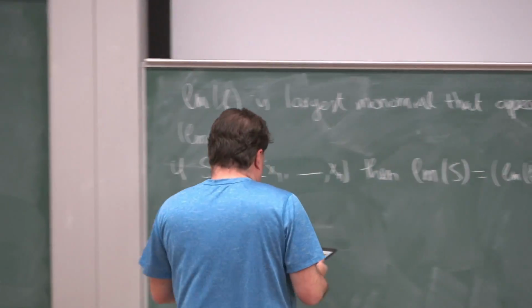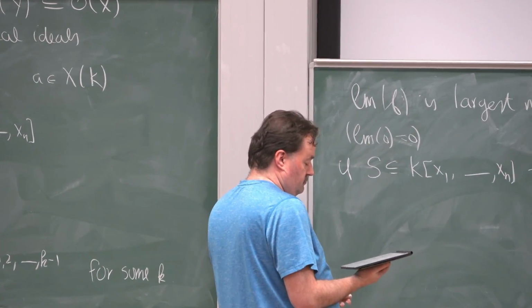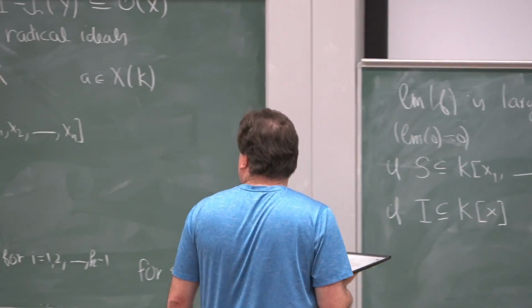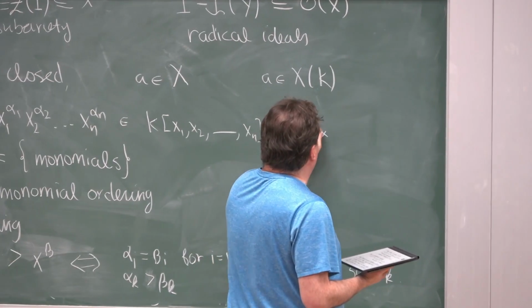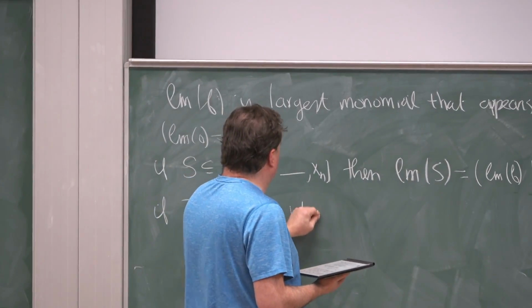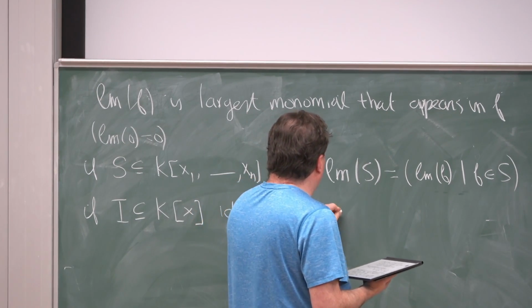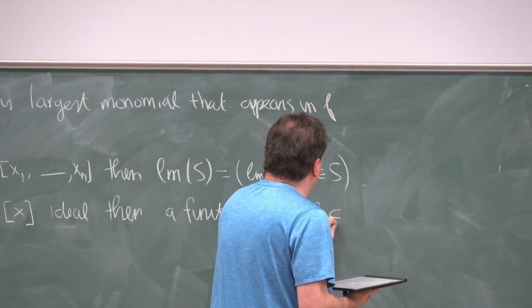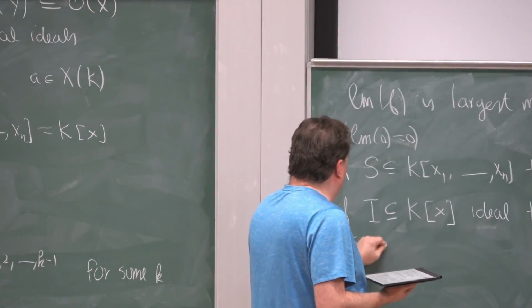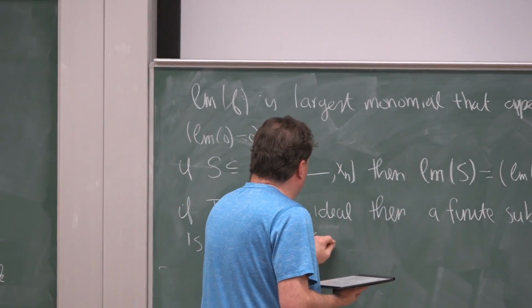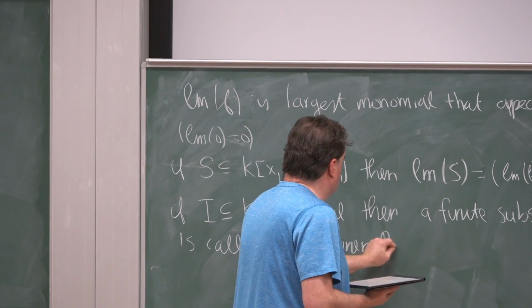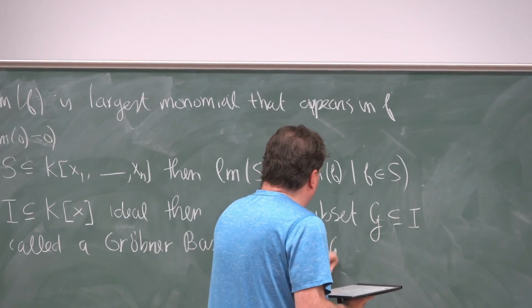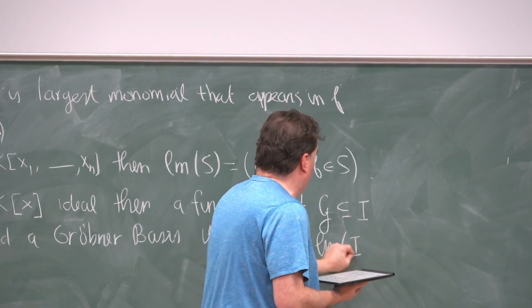So if I is an ideal in the polynomial ring, and sometimes I will just abbreviate this with just Kx for short, then a finite subset G is called a Gröbner basis if this Lm of G is equal to Lm of I.